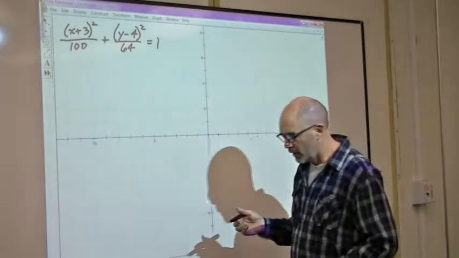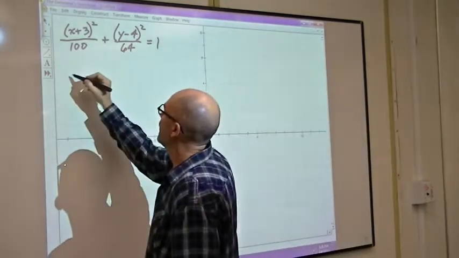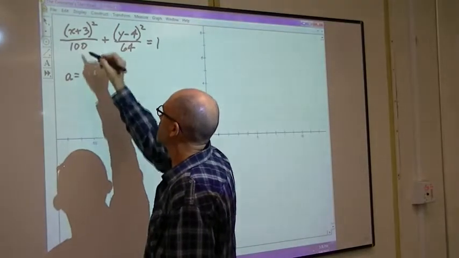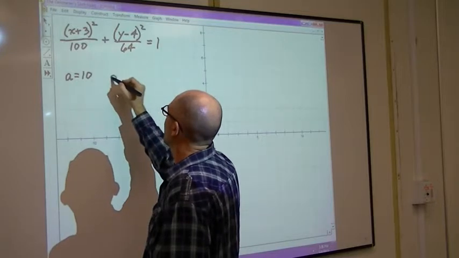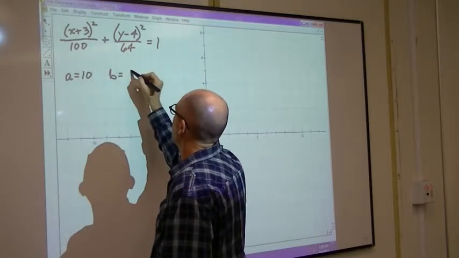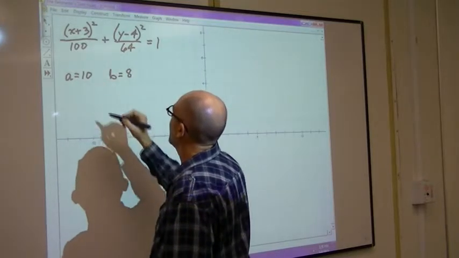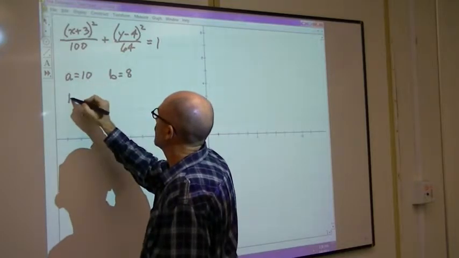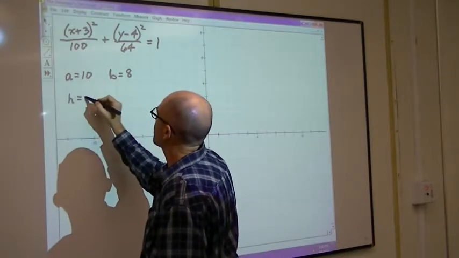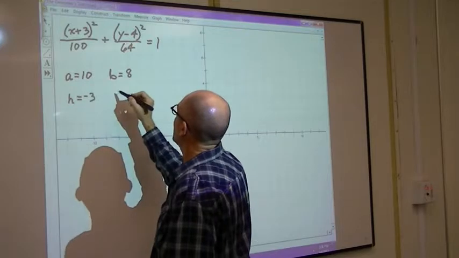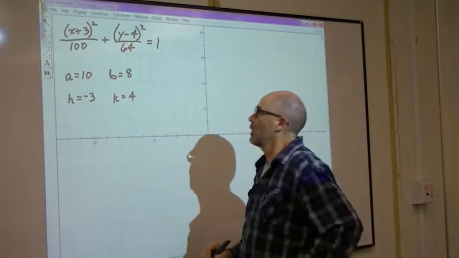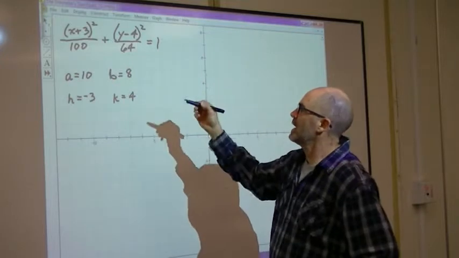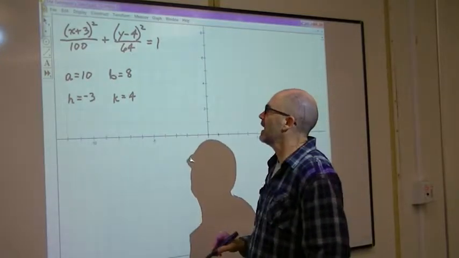First part we can say is a is the square root of 100, which is 10. b is the square root of 64, which is 8. h is -3 and k is +4, because it's x minus h and y minus k.